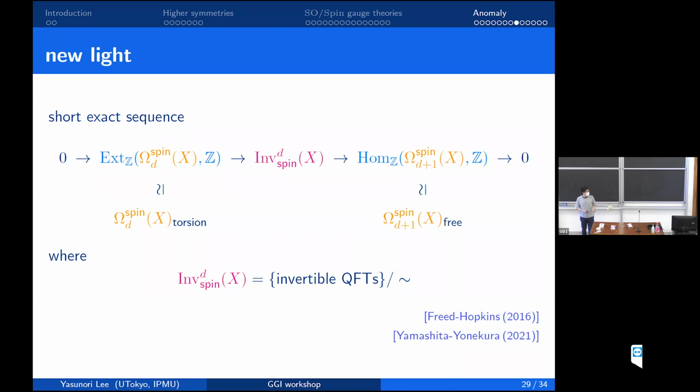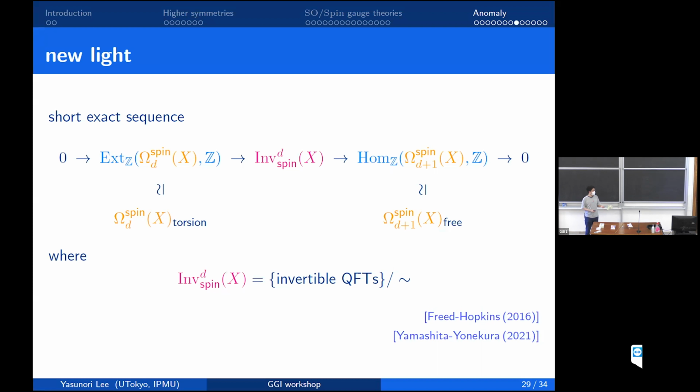And the recent understanding is that these invertible QFTs can actually be classified up to continuous deformation by this group sitting in the middle of this short exact sequence. So here, up to continuous deformation means we identify any two QFTs which can be deformed to each other by changing the values of continuously tunable parameters.